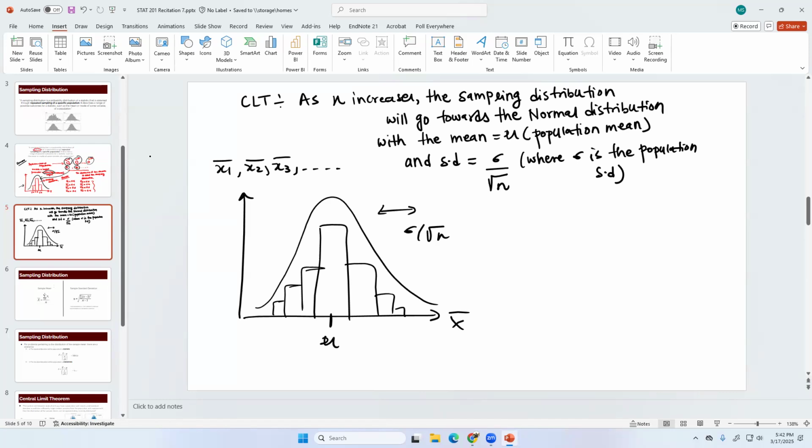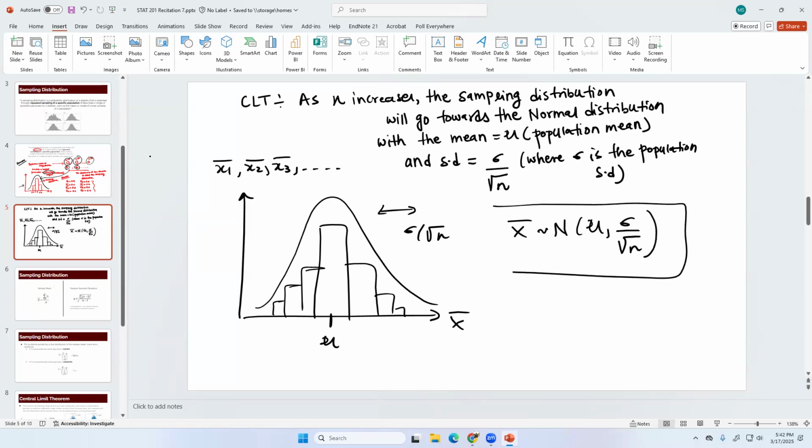Okay. So x bar follows a normal distribution with mean mu and this. Where the mean is the population mean, and the standard deviation is the population standard deviation.